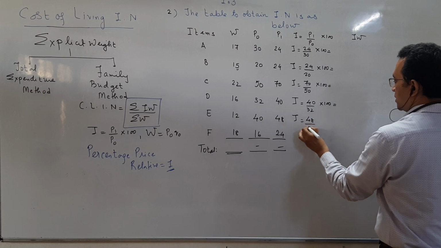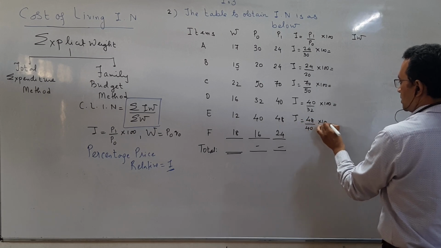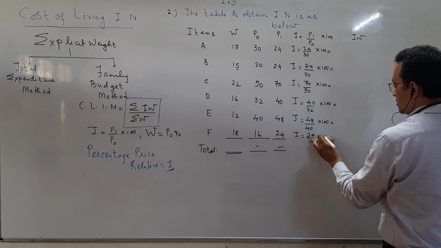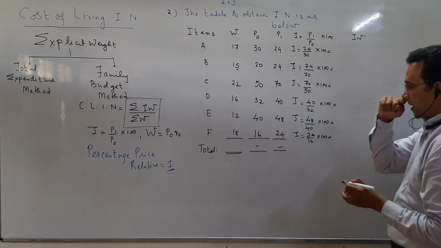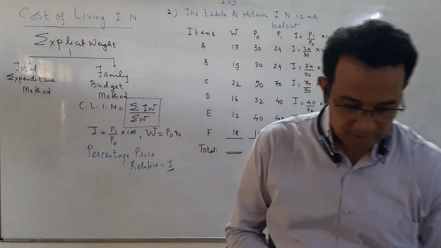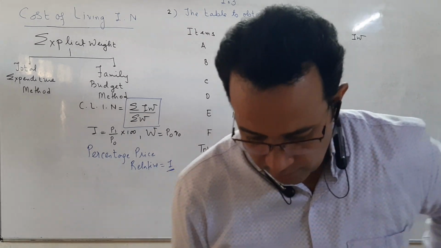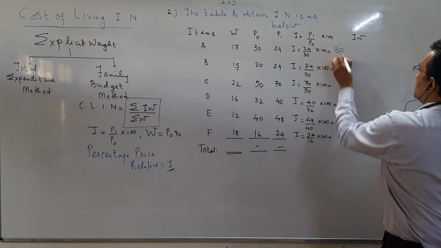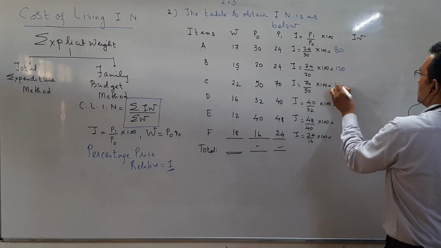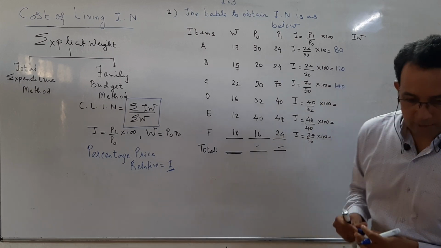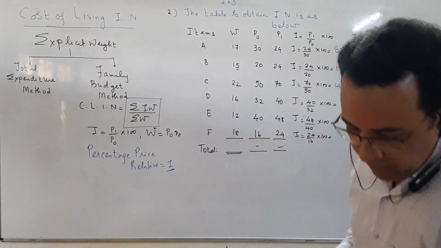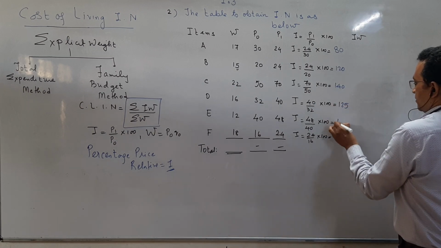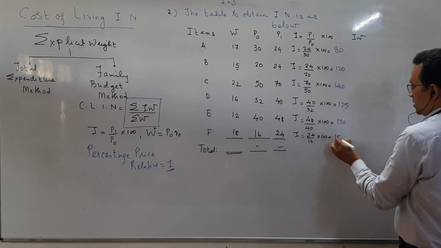Here 48 upon 40 into 100. And here 24 upon 60 into 100. I have calculated all the index numbers beforehand: 80, 120, 140, 125, 120 and 150.